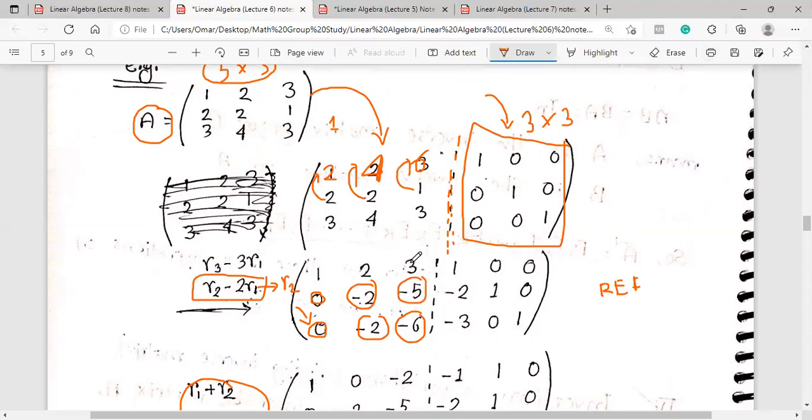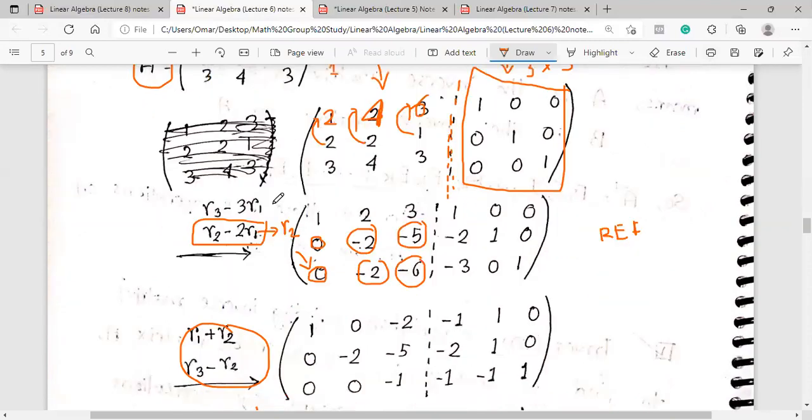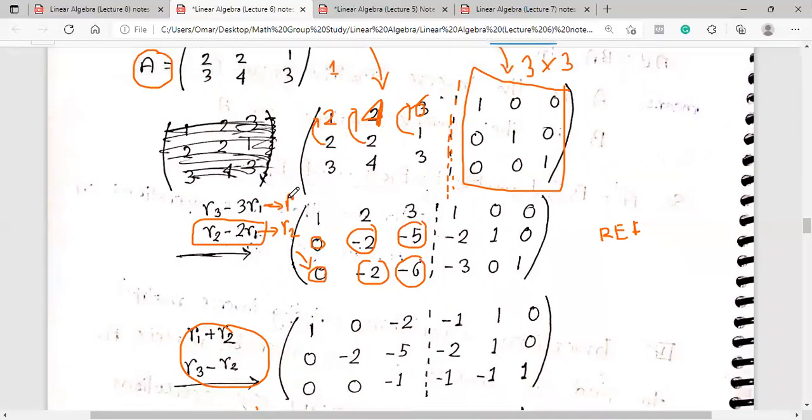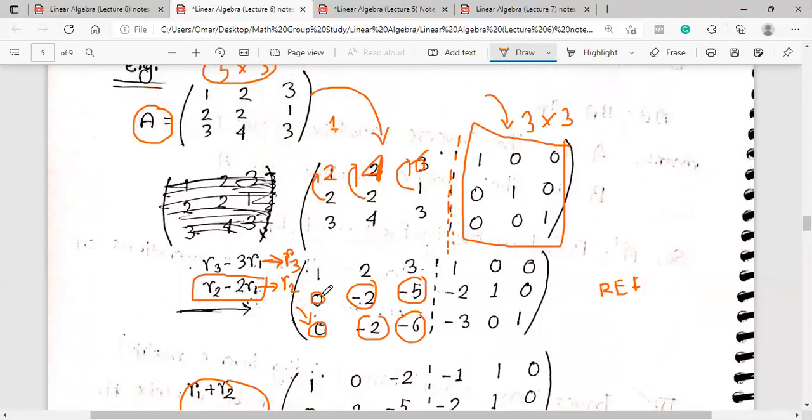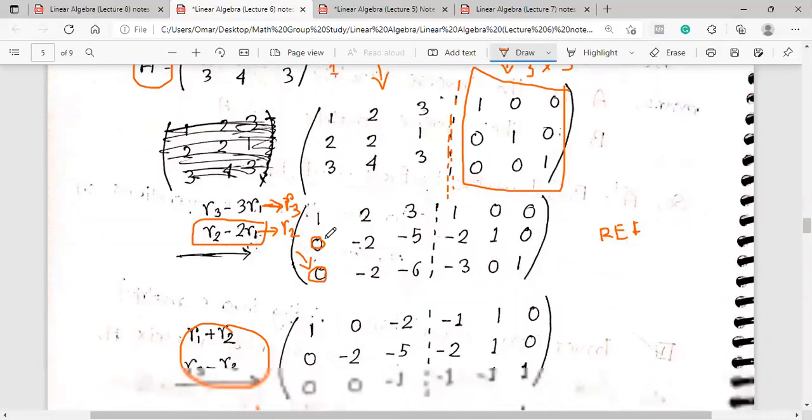So this way we have done it: R3 minus 3 into R1, and we put the value into row 3. So the equation will be R3 minus 3 into R1, and we put the value to R3. You see, we got a 1 0 here, right? Here and here.